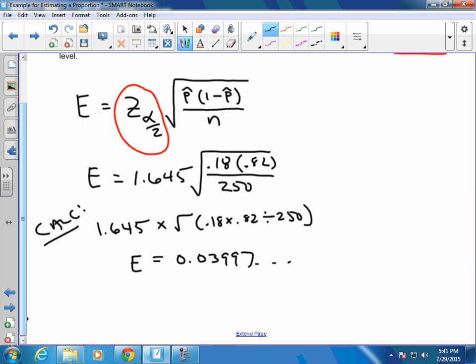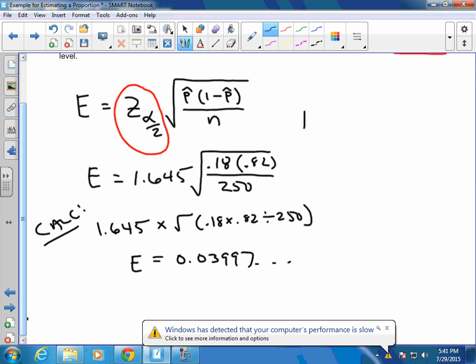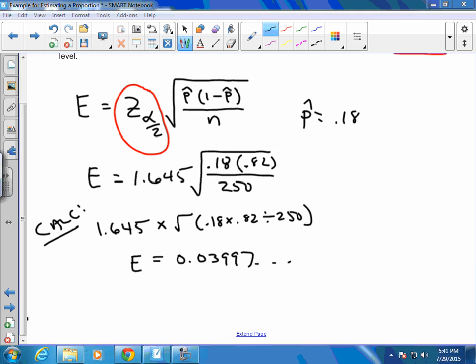What people oftentimes do, if values are provided to the nearest hundredth, like here where we had a sample proportion given to the nearest hundredth, is either round their final answer to the same number of decimal digits or one more than that. So it would be pretty common to see this as 0.04 as the margin of error. But either way, show all the digits and I'm perfectly fine with that.